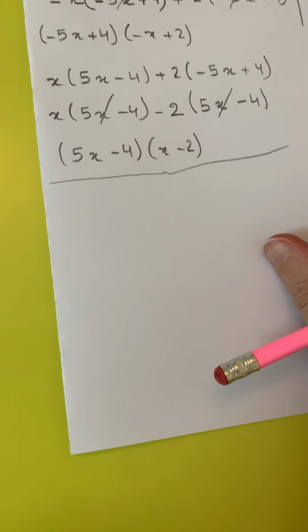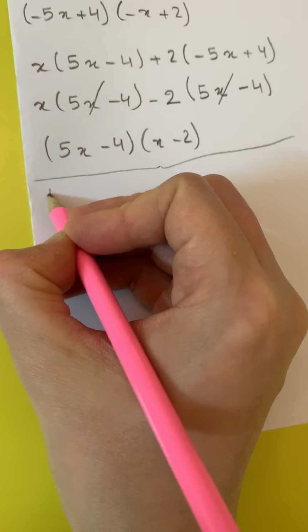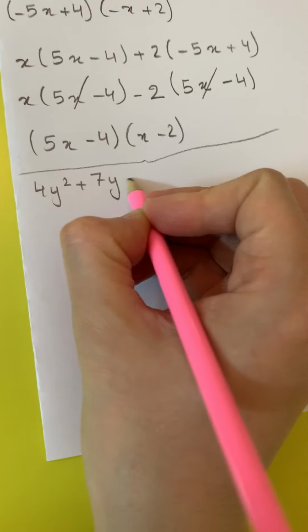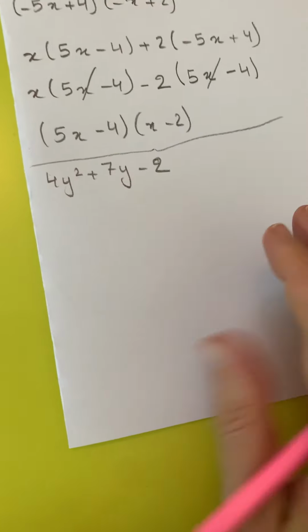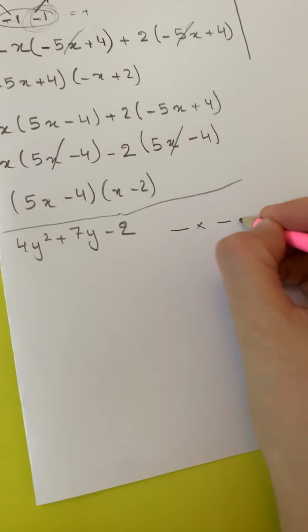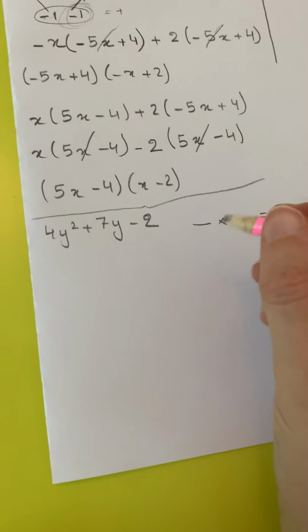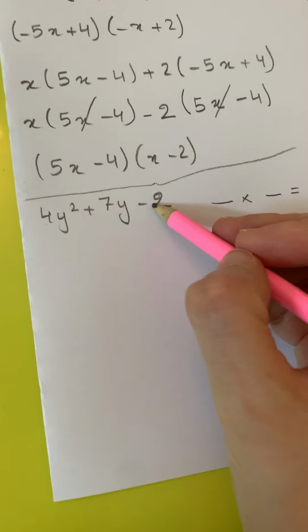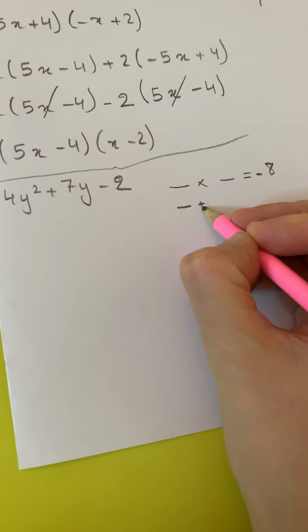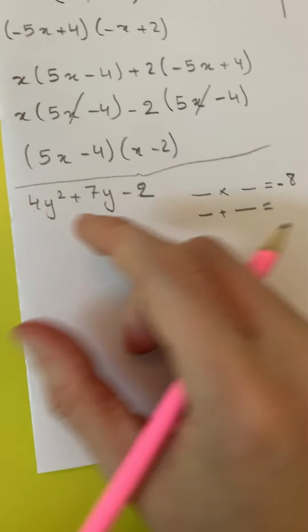Now what if I have c negative? For example, if I have 4y squared plus 7y minus 2. So I'm going to look for two numbers. If I multiply them, it will be AC, which is 4 times negative 2, which is negative 8. And if you add them, it will be B, which is 7.